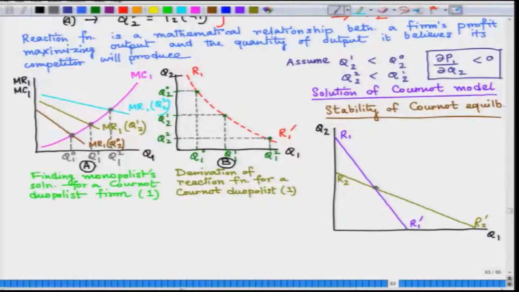So, we have a larger piece of diagram here, and let me first point out that Cournot equilibrium again in this diagram, and now we are going to do a stability exercise. For that I need some space, that is why I have redrawn this diagram.